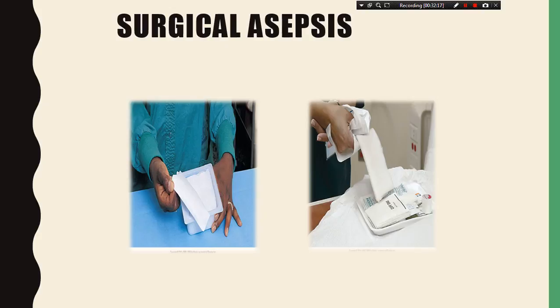There are various differences from the operating room to the patient's bedside in regards to surgical asepsis. Typically when you go to the OR, there's going to be a larger surface area that's going to be sterile. Whereas in a patient's room, when you perform a sterile technique or a sterile procedure, only a small section will be set up to provide that sterile technique.